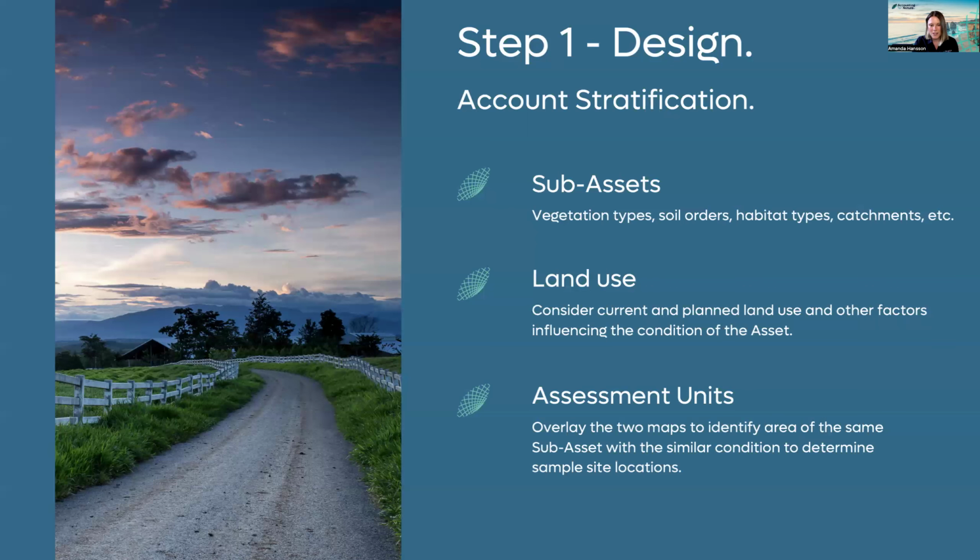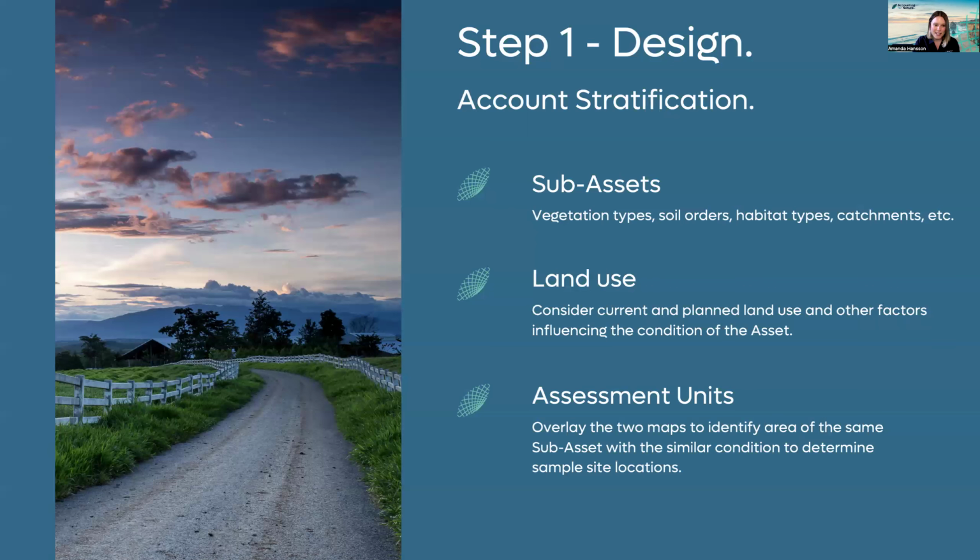So you need to consider both the land use or the condition state of the asset, as well as the breakdown of the different types of the asset within the account boundary. For example, you might have eucalypt forest and grazing and a separate one for eucalypt forest and restoration. That means you would have two assessment units.